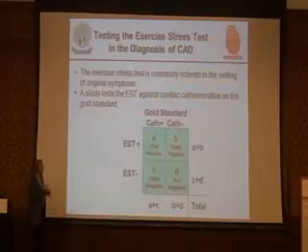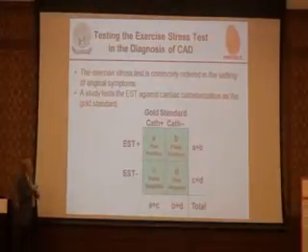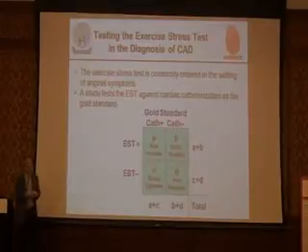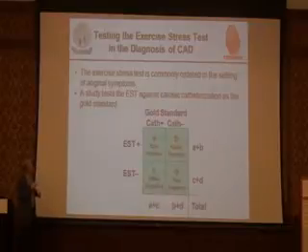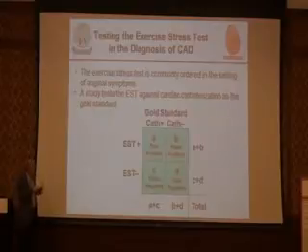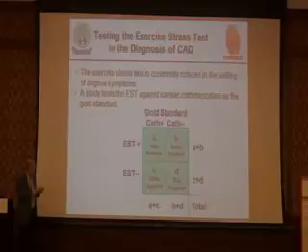So we're going to start with taking an example of the exercise stress test in the diagnosis of coronary artery disease. You have this gold standard, which is the coronary catheterization, and the gold standard tells you who's diseased and who isn't. So that's in the columns.